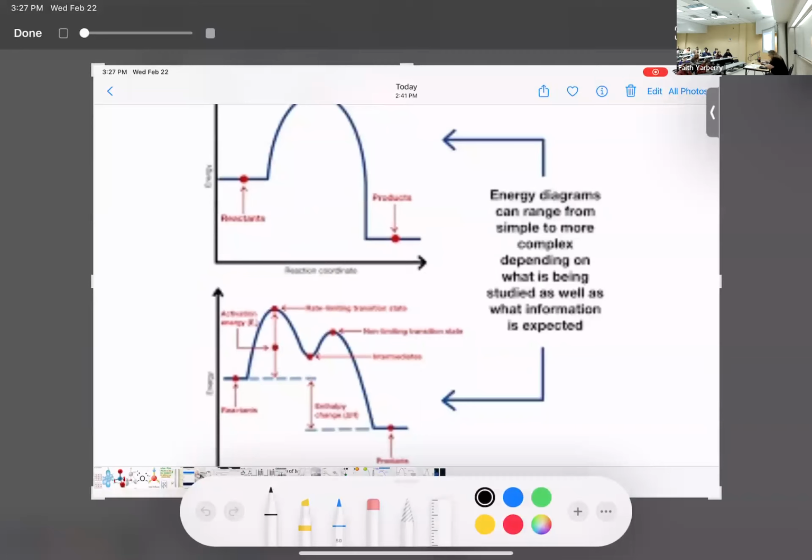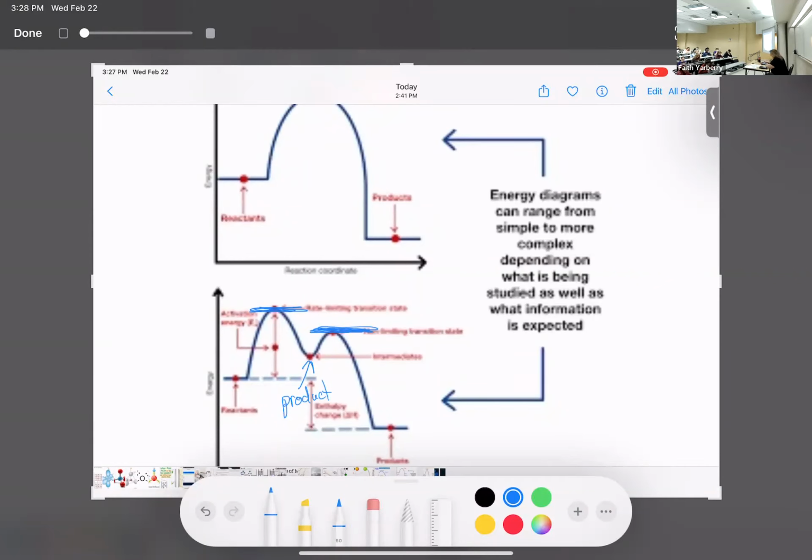The reason they're called transitions is you can almost think of this as a product that is temporary. That's why it's called an intermediate.